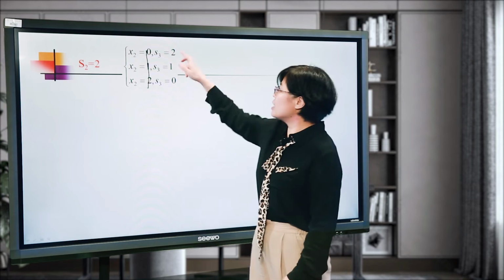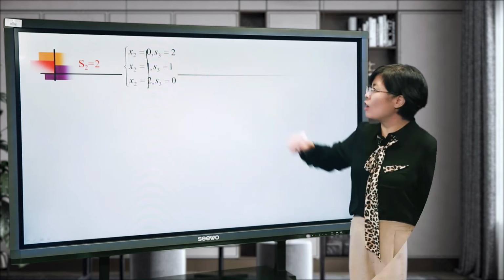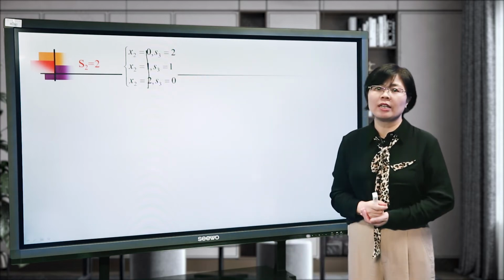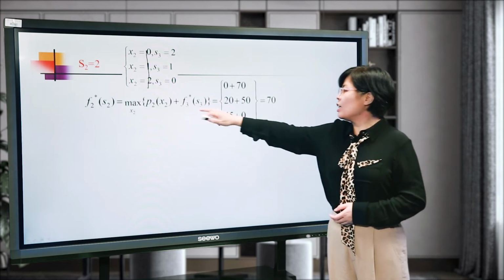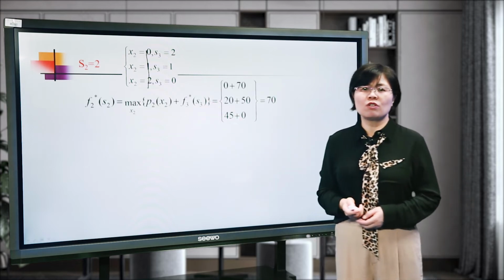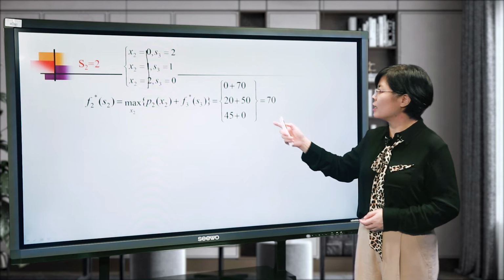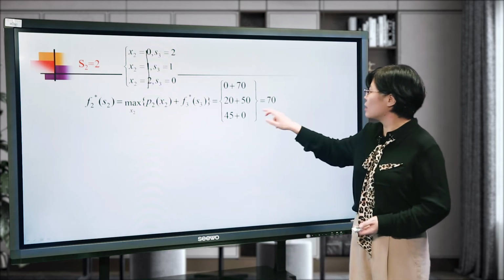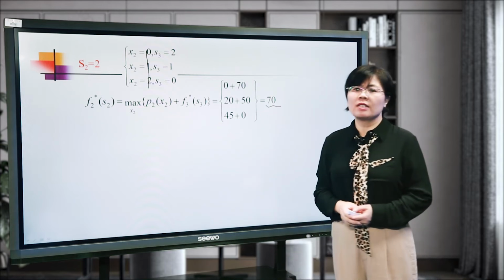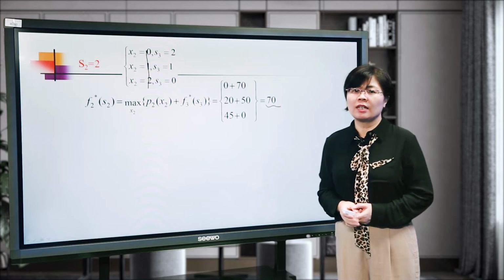This is the state of stage 3, and we use the recursive formulation to calculate its optimal solution. It is 70.